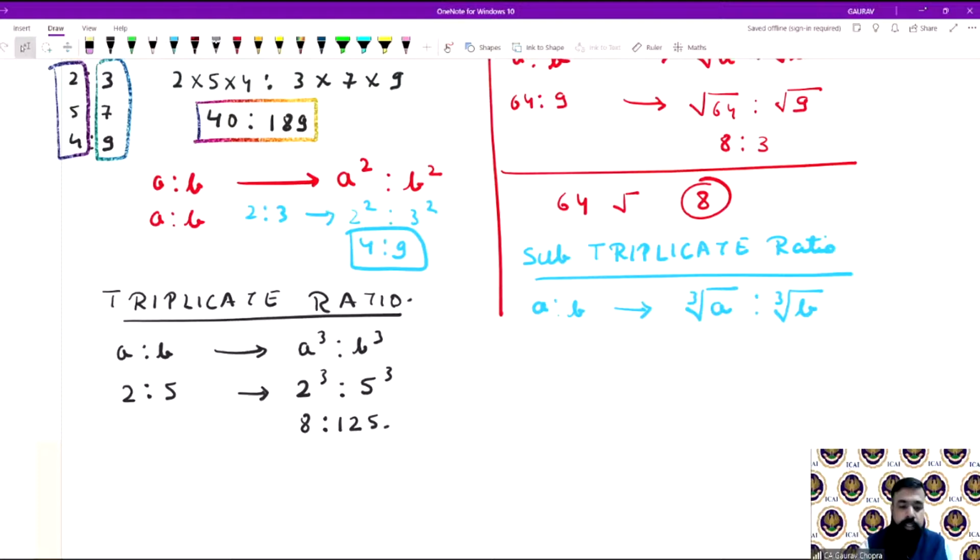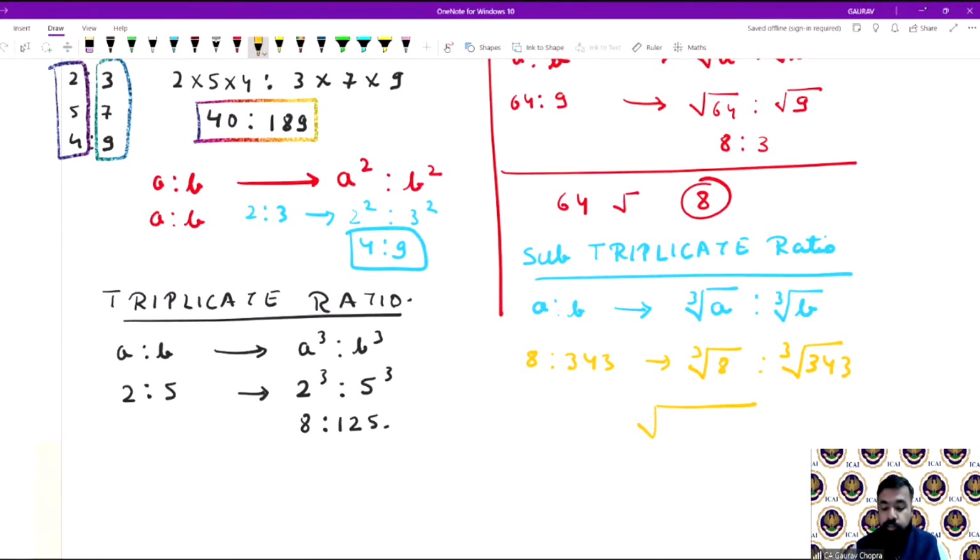Now let us take one example. Let's say the given question is 8 ratio 343, and we have to find the sub-triplicate ratio. So just find the cube root of 8 and the cube root of 343. So what is the cube root of 8?